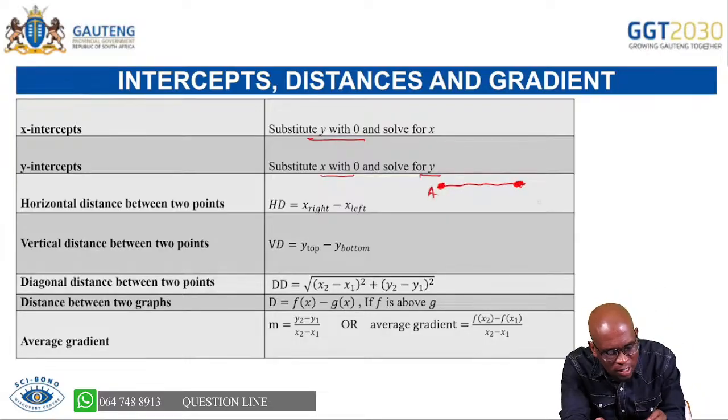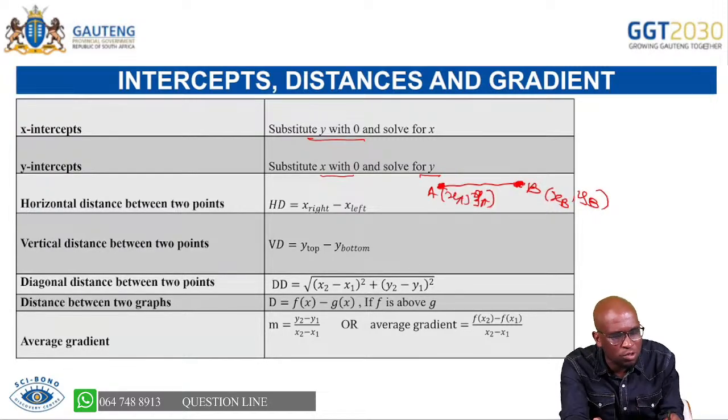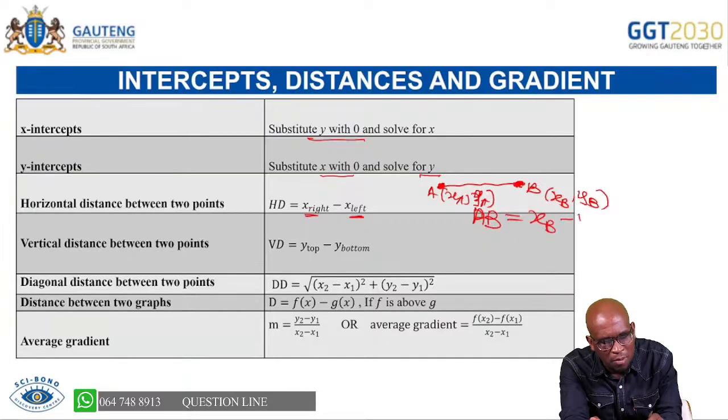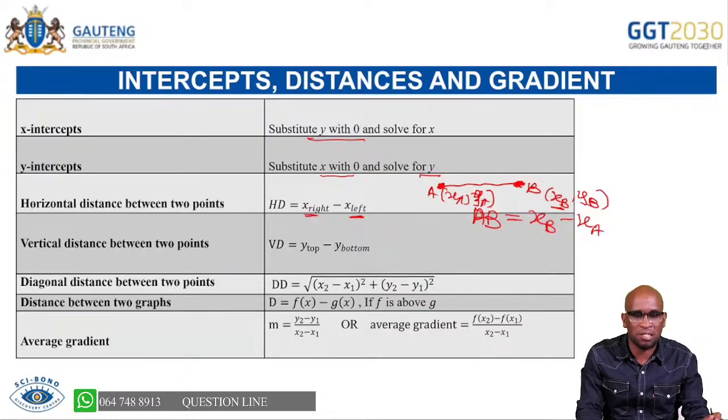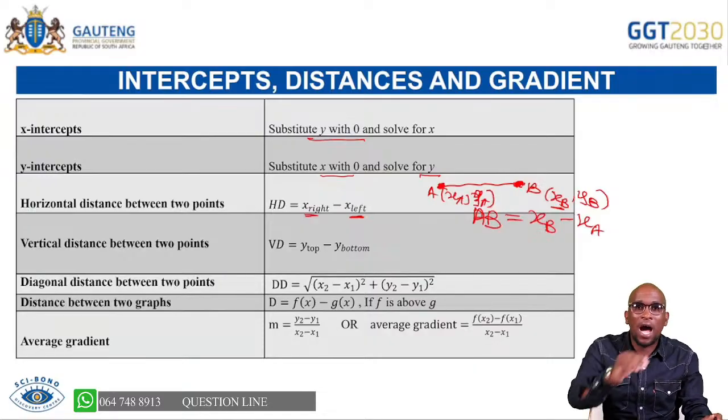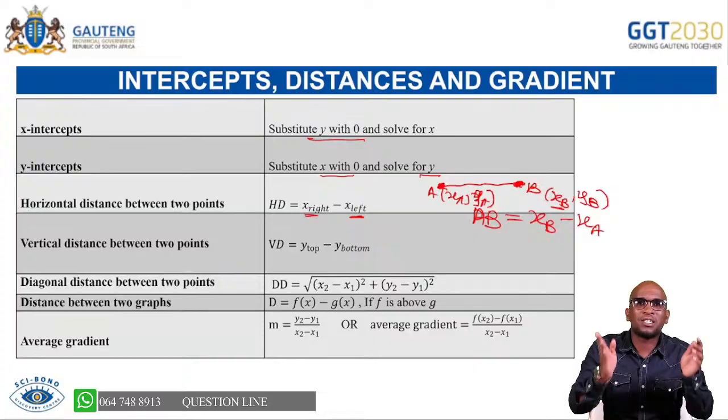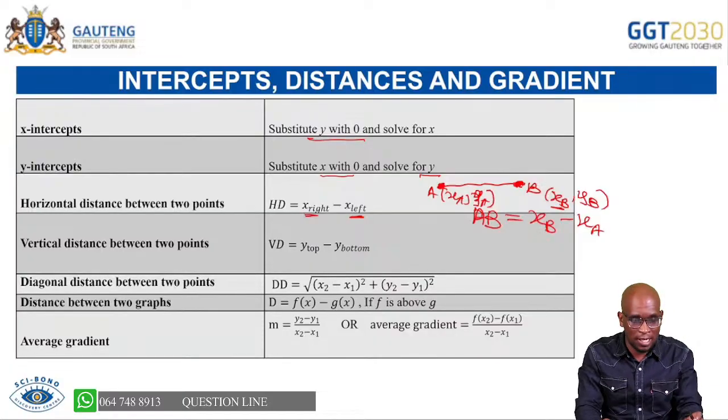So if this was point A and this was point B, x at A, y at A, x at B, and y at B. To determine the horizontal distance, we'll take x on the right minus x on the left, which means that the distance AB would be equal to x at B minus x at A, because x at B is on the right hand side. y does not change. We are looking for the distance of a line that is parallel to the x-axis.